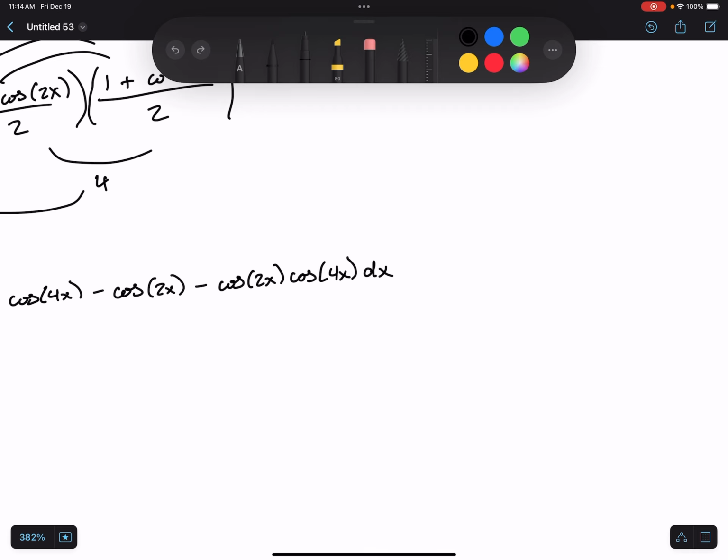And here we can use the trig property of product to sum.